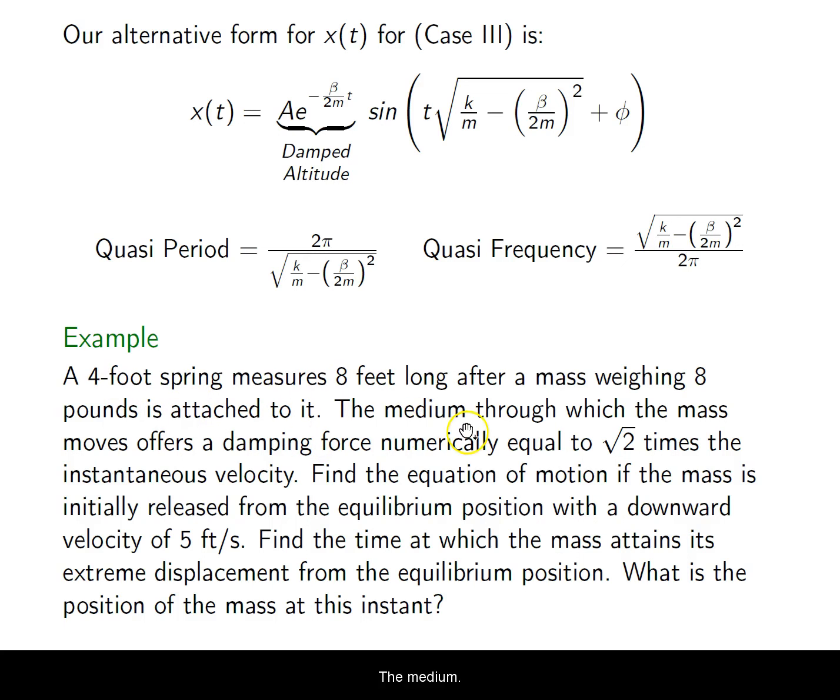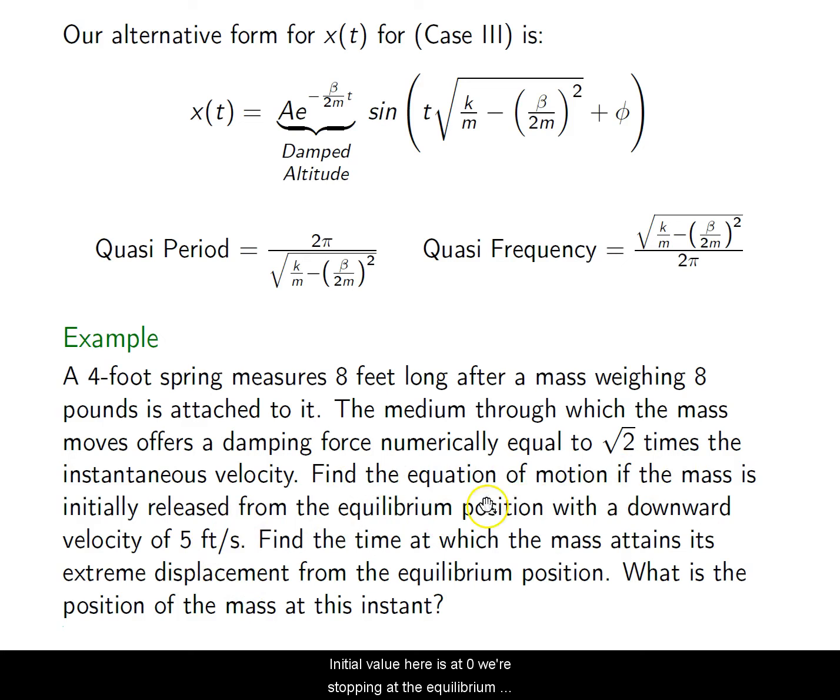The medium through which the mass moves has a damping force that's numerically equivalent to square root of 2 times the instantaneous velocity. We want to find the equation of motion if the mass is initially released from the equilibrium position with a downward velocity of 5 feet per second.